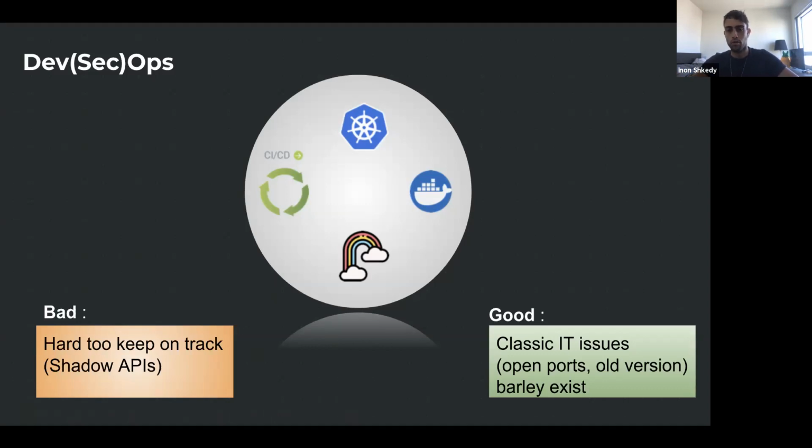Those are API endpoints, or sometimes even API hosts, that somebody created a while ago, and now there is no documentation, and nobody really knows what the purpose of this specific API is. And on the good news side, many of the classic issues like open ports and old versions barely exist in APIs.